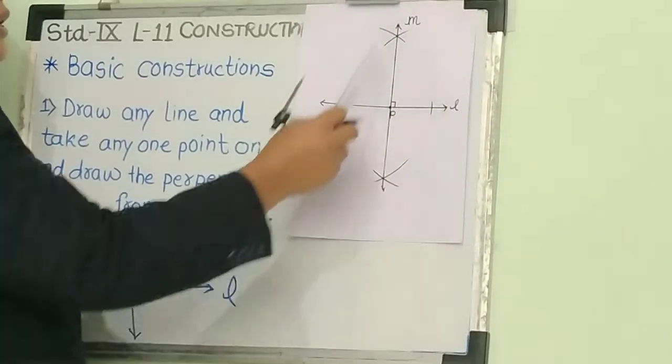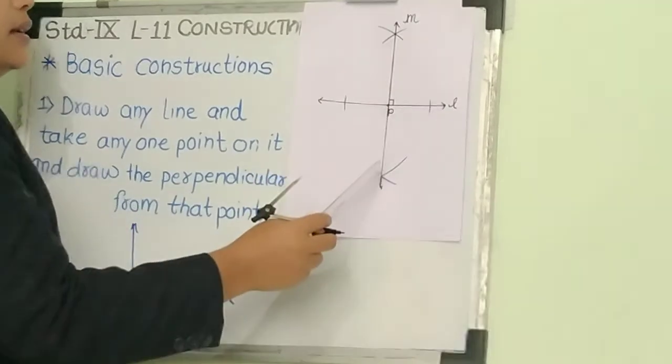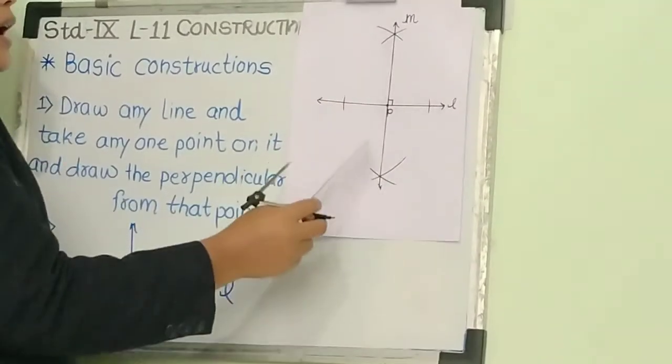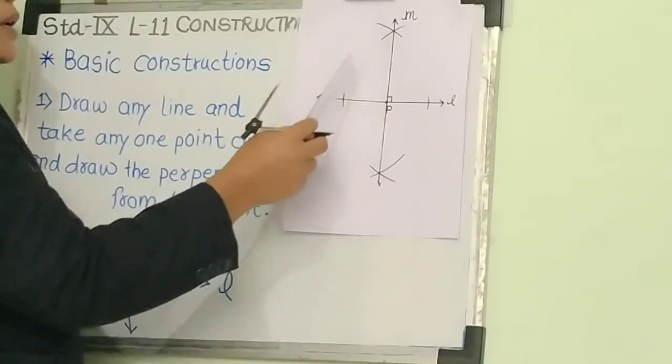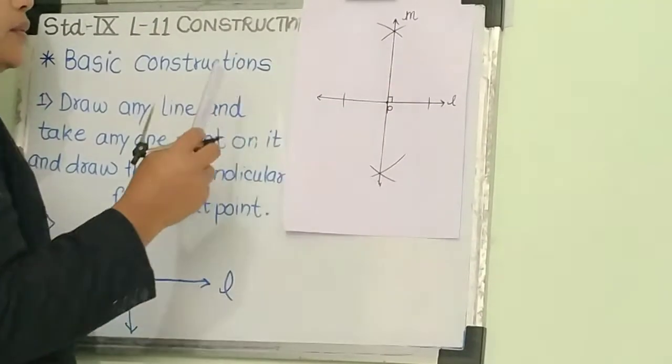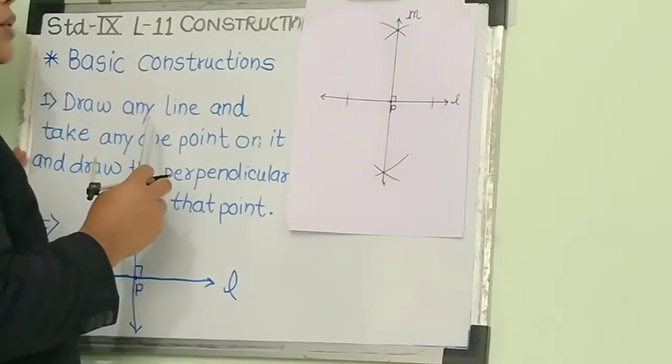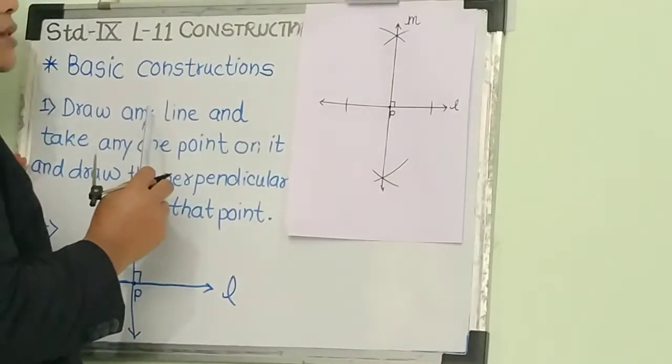Finally you draw the line passing through this intersection of arcs, and that is called the perpendicular of the given line L. So in this way you draw the first construction.